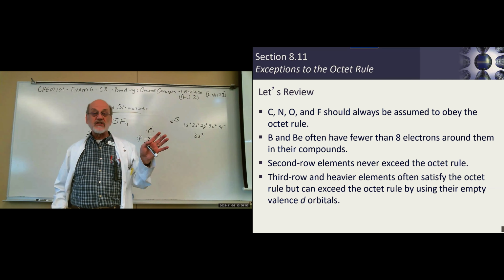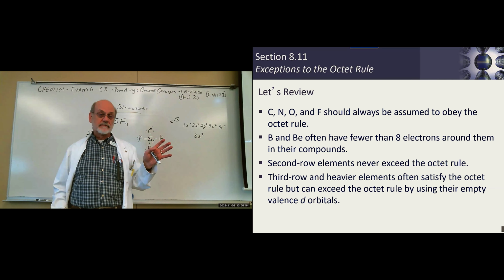Just observations. Carbon, nitrogen, oxygen, and fluorine are in the 2nd period. They always obey the octet rule. Boron and beryllium are to the left of carbon, and they very often do not make an octet.